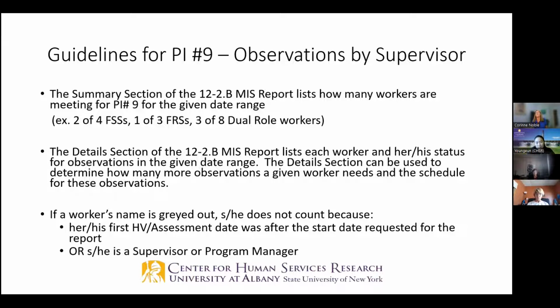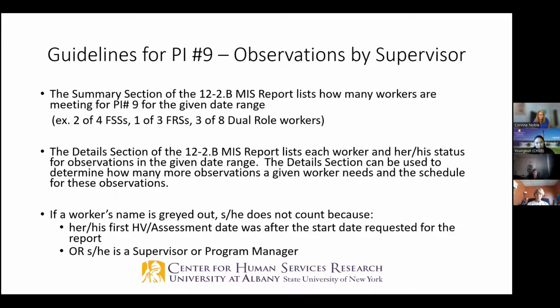That is why we wanted to conduct this webinar with time to give you enough time to conduct any missing observations before the end of September, and hopefully everybody will be meeting this PI when we run them in October.